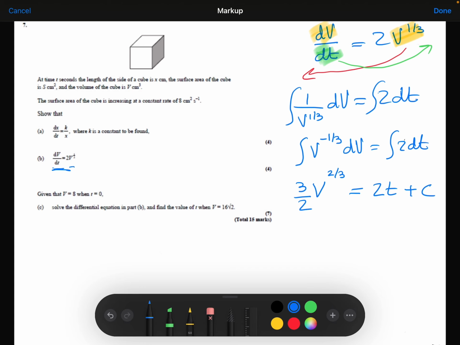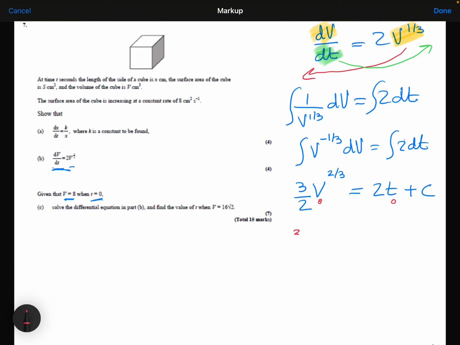Right, now we were told that v is 8 when t is 0. So let's use that to substitute in here. So the v is 8, the t is 0. So we get 3 over 2 times 8 to the power of 2/3 is c.